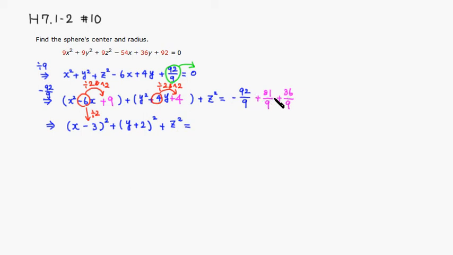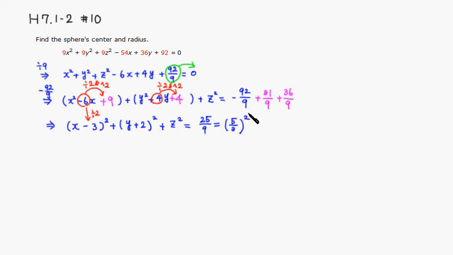If you add 81 and 36, you're going to get 117. 117 minus 92 would be 25. So 25 over 9, which is the same thing as 5/3 squared.